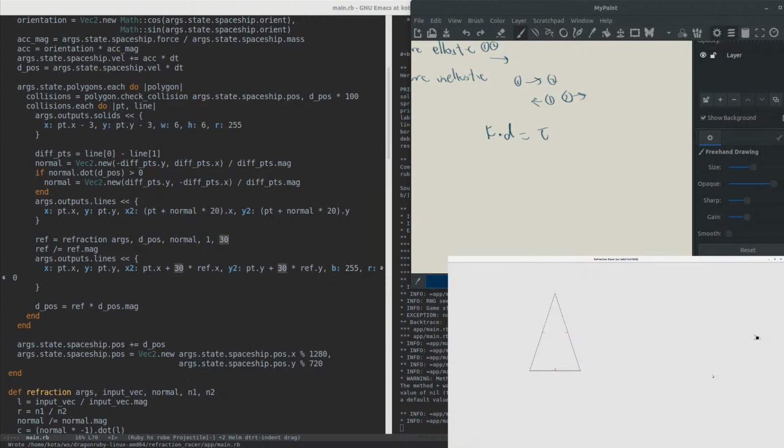So now we have refracting motion, which would make it pretty hard to drive. Yeah. Anyway, I think that's basically the main stuff I wanted to do today.